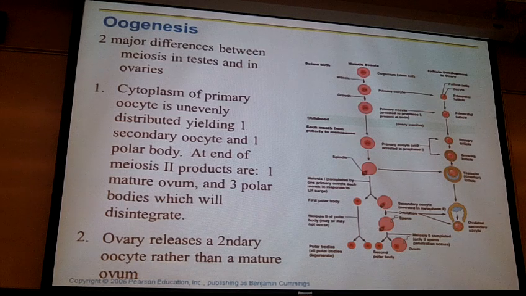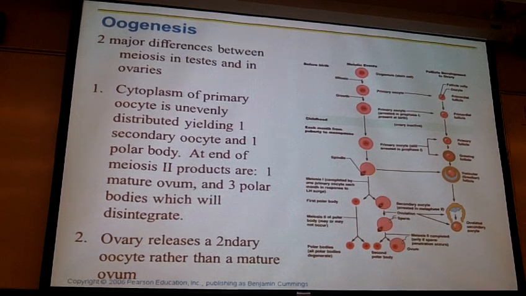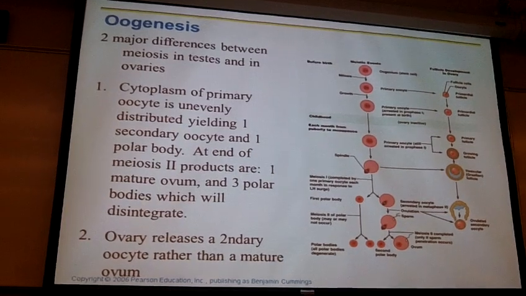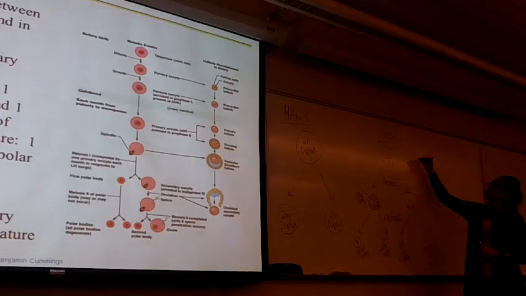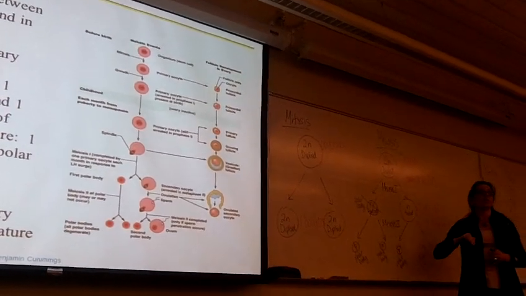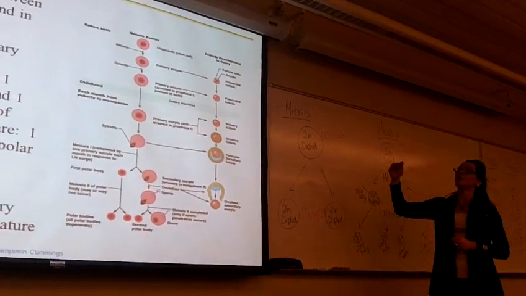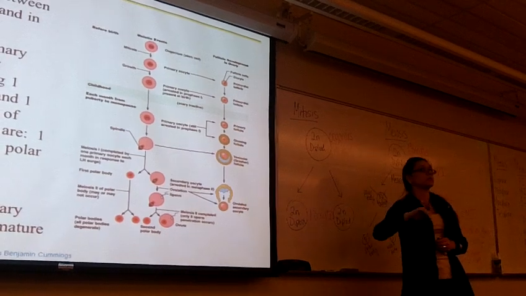I'm not going to ask you to line those up because it's not a completely linear process between the two. What you should know is when you're born, you have primary oocytes halted at prophase 1, and they are in primordial follicles.